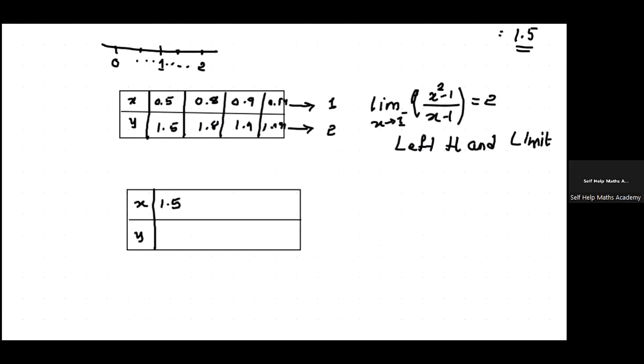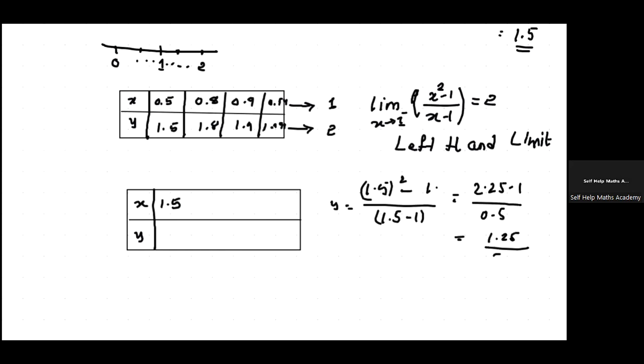So here y will be equal to 1.5 the whole square minus 1 divided by 1.5 minus 1. So this is 2.25 minus 1 divided by 0.5, so this is equal to 1.25 divided by 0.5, which is 2.5.